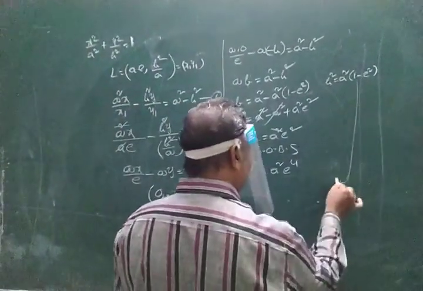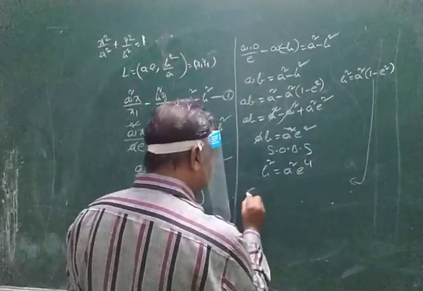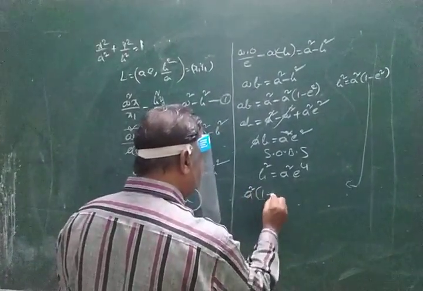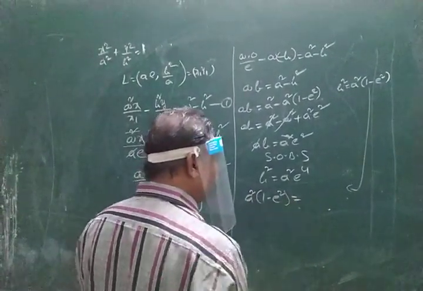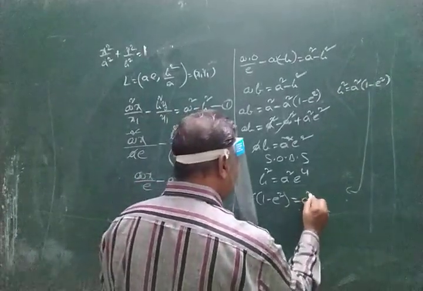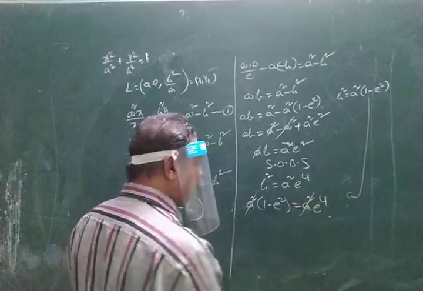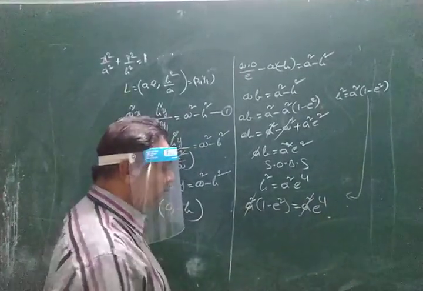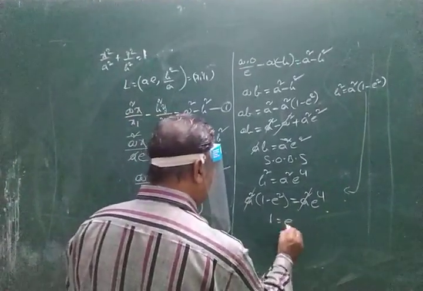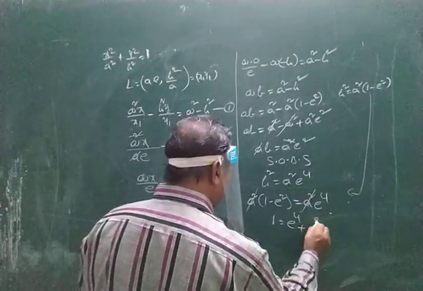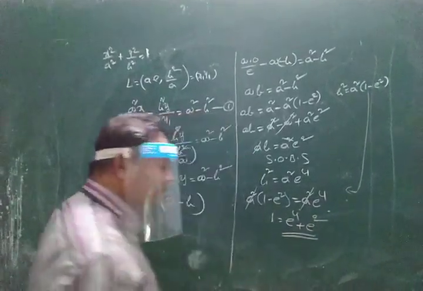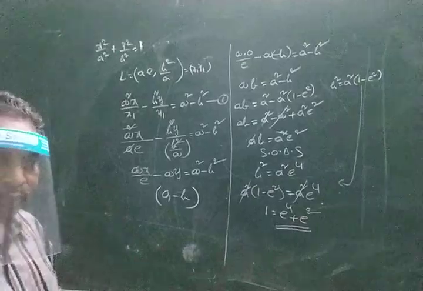Again applying the formula, a square into 1 minus e square equal to a square into e power 4. a square cancels. So 1 equal to e power 4 plus e square.